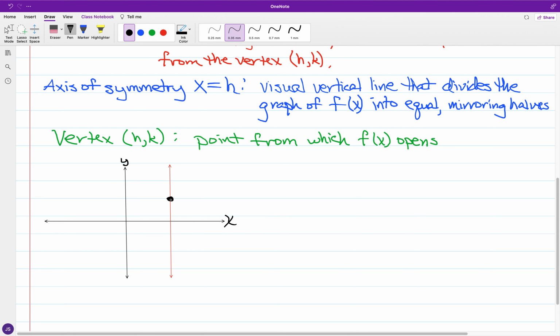And so we have a point on a vertical line. Let this be the vertex. So we have h and k. Again, just for the graph of the function, we'll just have the function open upward from this point.